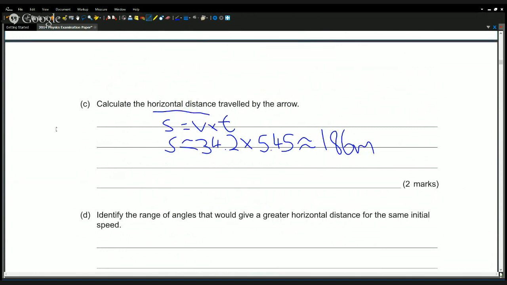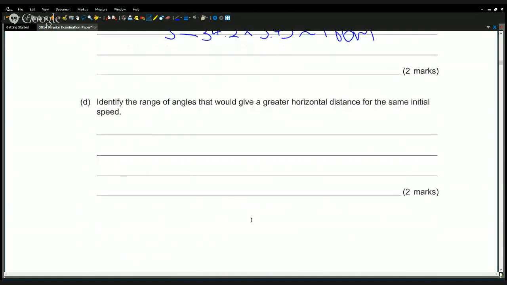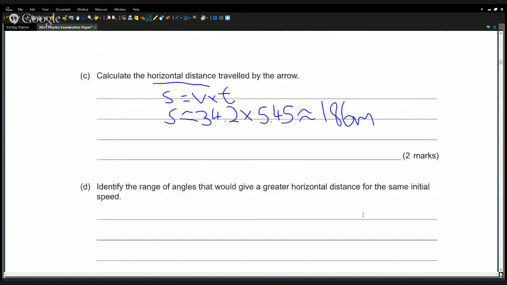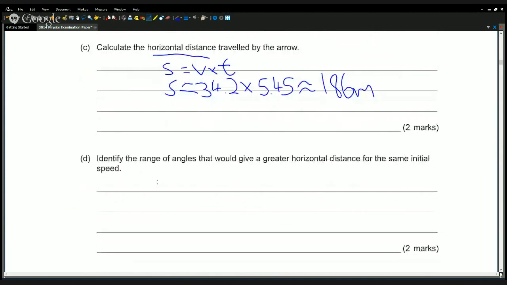Okay, identify the range of angles that will give a greater horizontal distance for the same initial speed. Okay. Now, what I assume they mean for this is because he's launching above the ground. All right, so he's launching the projectile. He's above the ground.